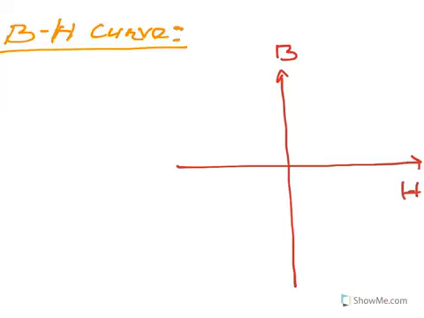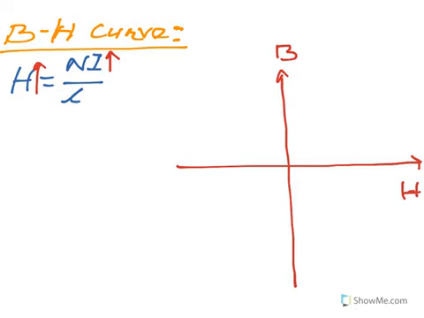Now we are going to discuss the most important properties. There's a relationship between the magnetic flux density and the magnetizing force, that is the relationship between B and H, which forms the BH curve ultimately. We know H equals Ni by L, so if the current of the coil increases, the magnetizing force also increases because they are proportional.